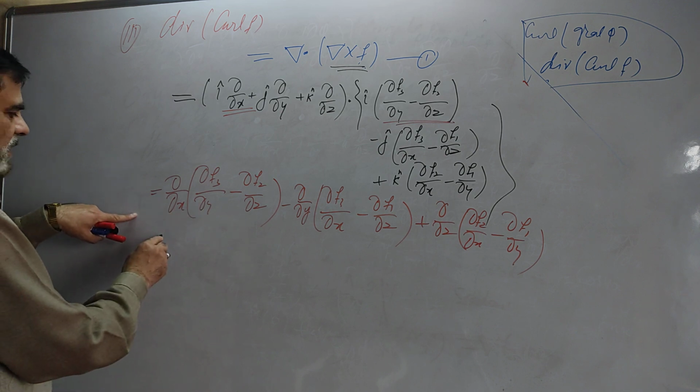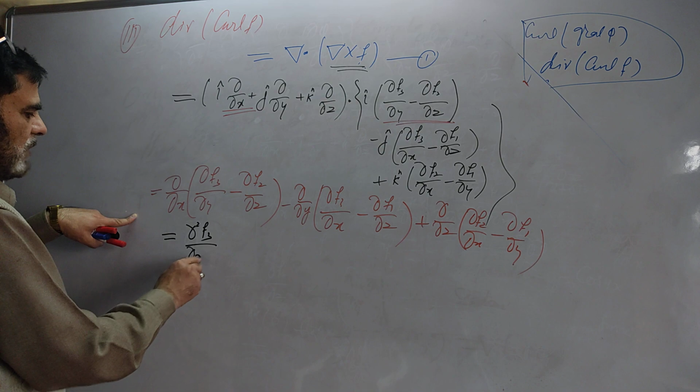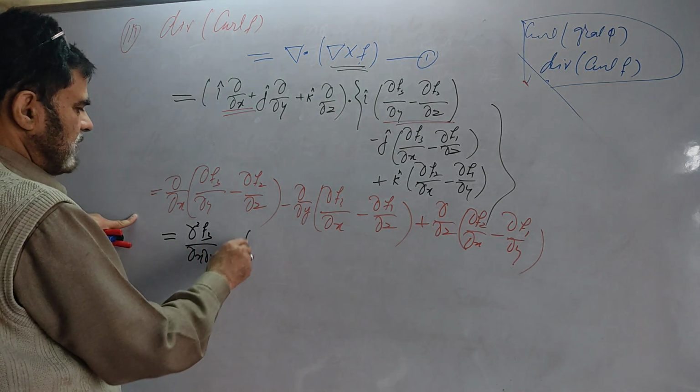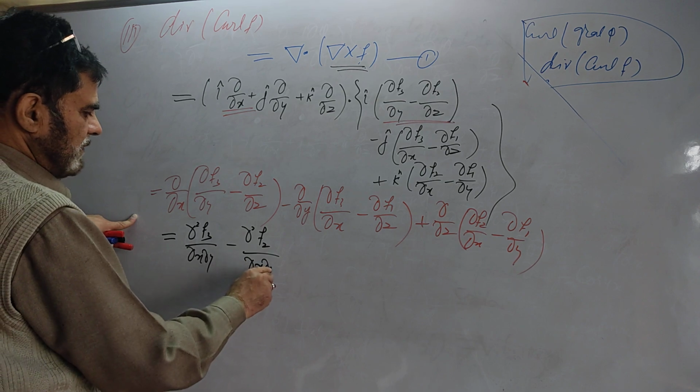Well, this is now as usual dou 2 f3 by dou x dou y minus dou 2 f2 by dou x dou z.